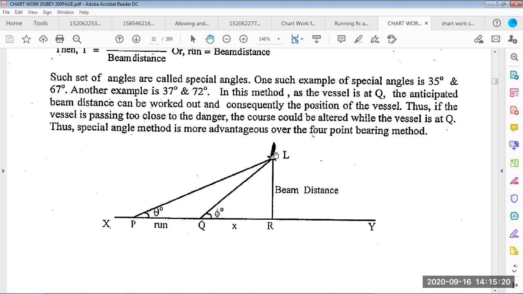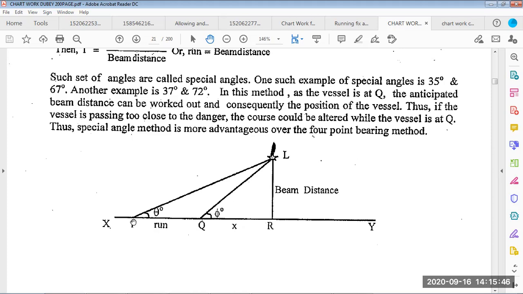If you have the beam distance and the beam bearing, it will become a right angle triangle, and in a right angle triangle we know from trigonometry that tan theta is equal to perpendicular upon base. So cot theta will be base upon perpendicular.